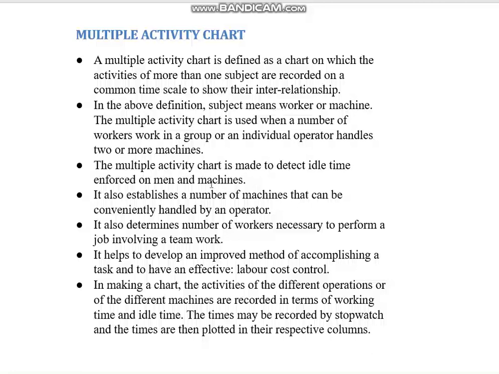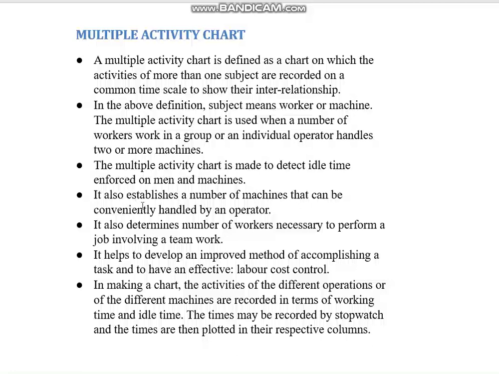To study that, we are using the multiple activity chart. This gives us a better understanding of the various activities that these men and machines are doing, and we will be able to properly sequence them in such a way that the time is reduced.